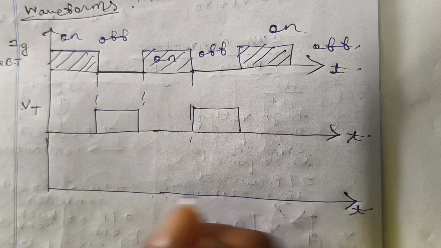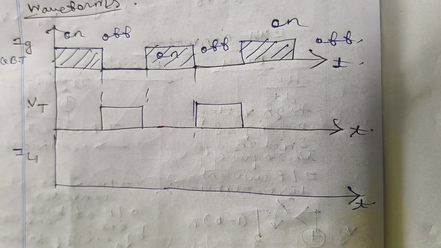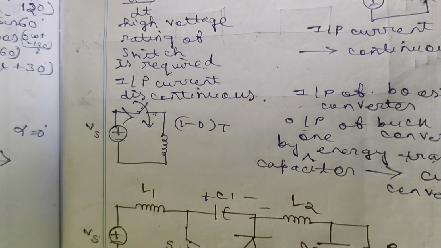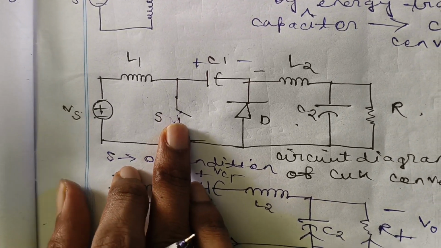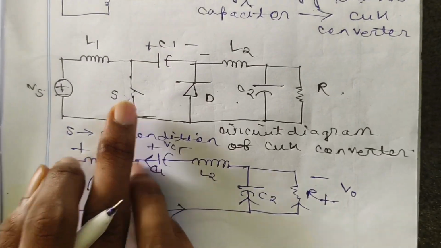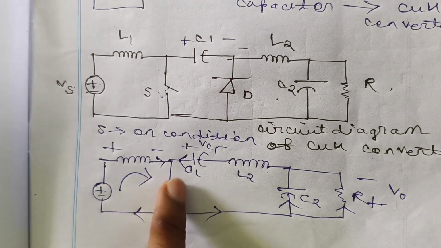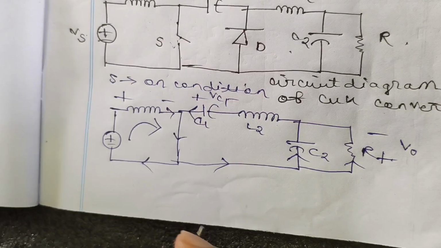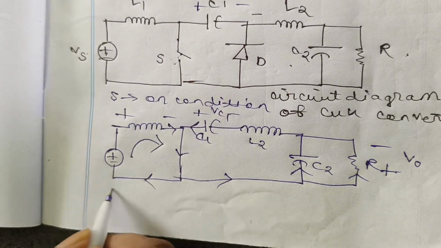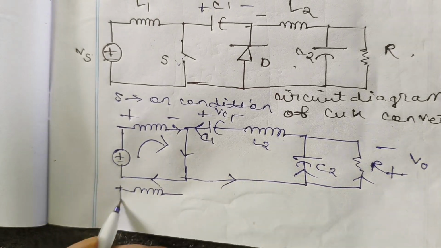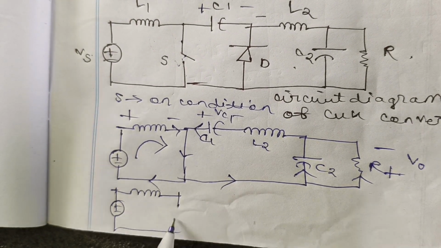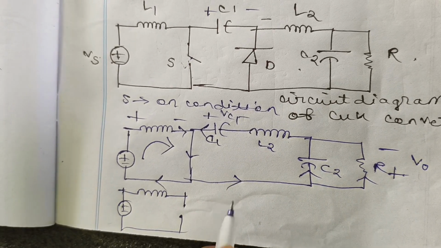Then we will get the waveform of IL1, that is the inductor charging current. You see, whenever the switch was in the on condition, it was getting charged like this. Whenever the switch is off, what will happen? The inductor becomes like this, plus minus, and the switch is off, which means it is in the open circuit condition.